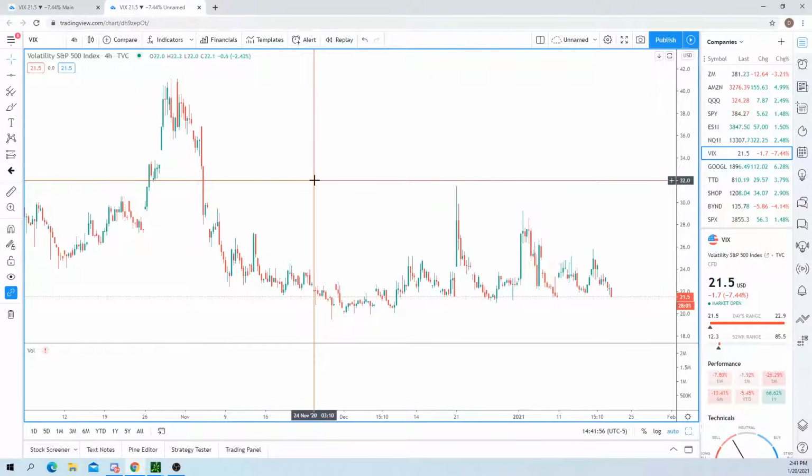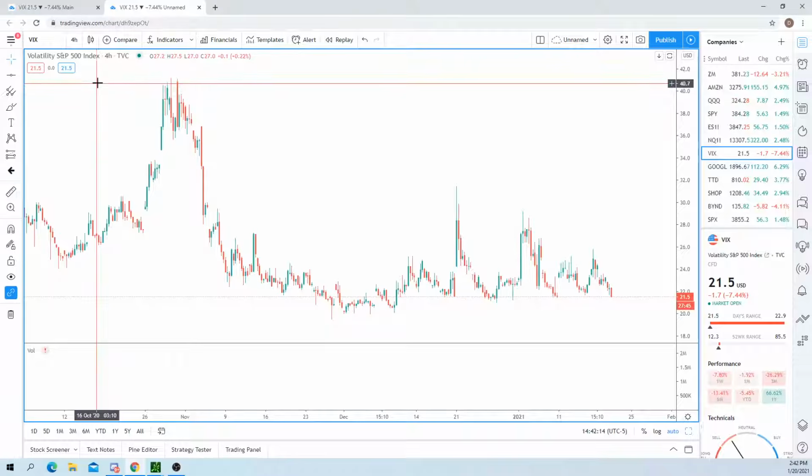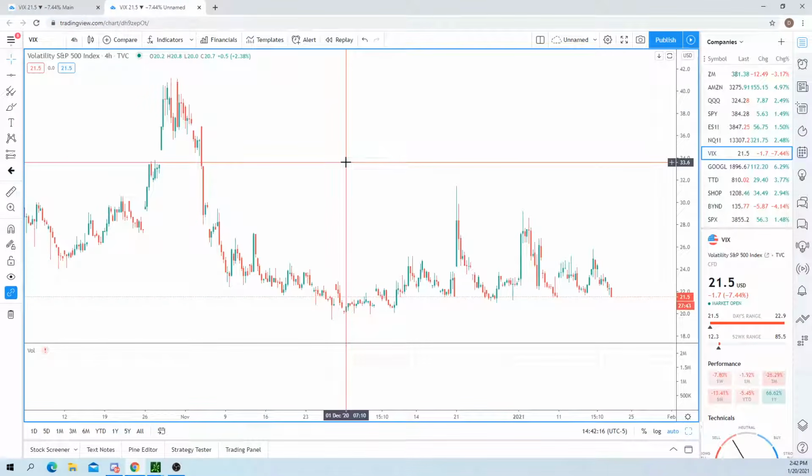Okay, so the key thing that you need to understand for this video is that the VIX inversely correlates with the overall market. For the sake of this video, I will be using the S&P 500 because this is the volatility of that index. So whether you look at SPY, SPX, or ES, the VIX should move inversely to that.